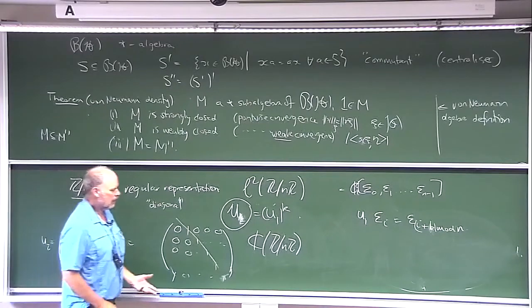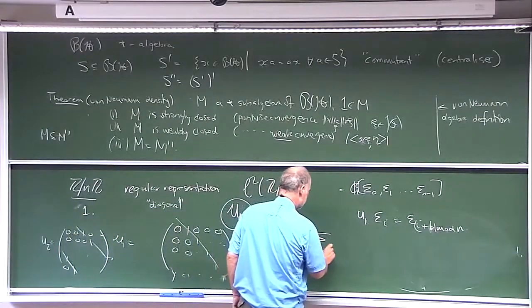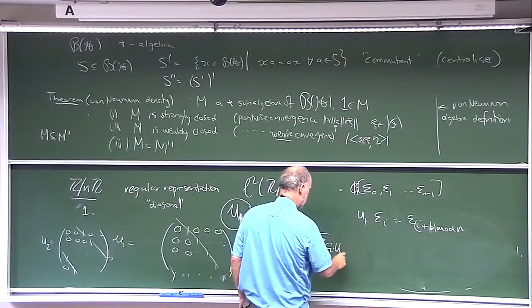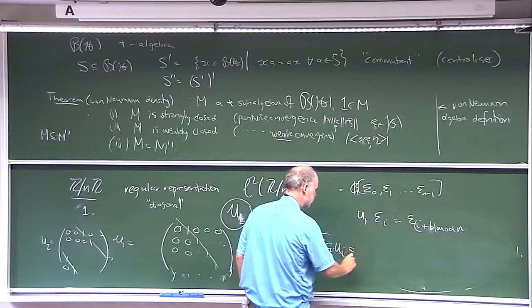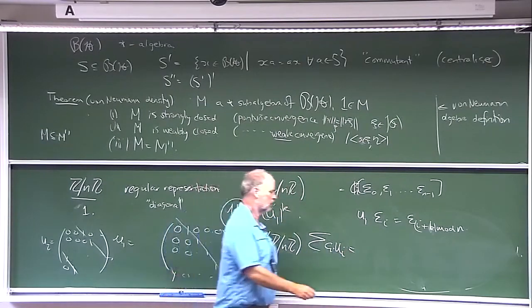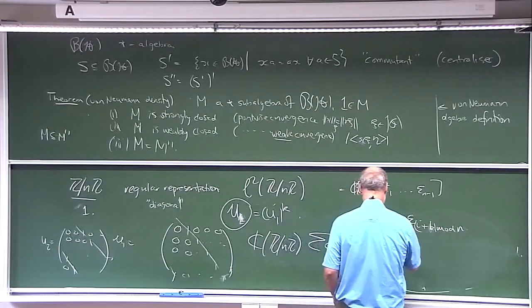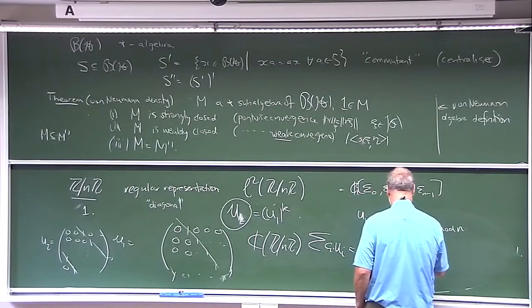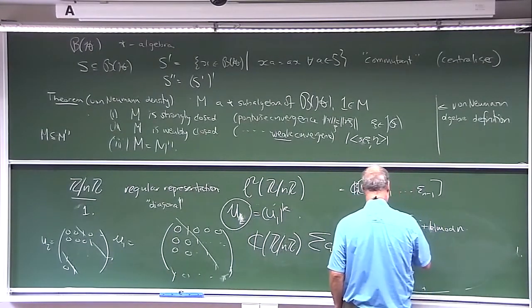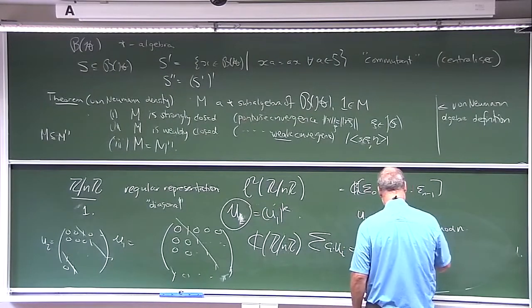And if we take a linear combination, sum of c_i U_i, what does that look like? Well, it looks like, very simply, there'll be c0 down the diagonal, there'll be c1 down the second diagonal.